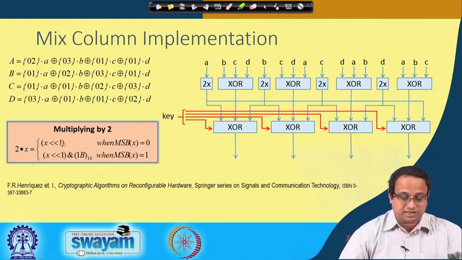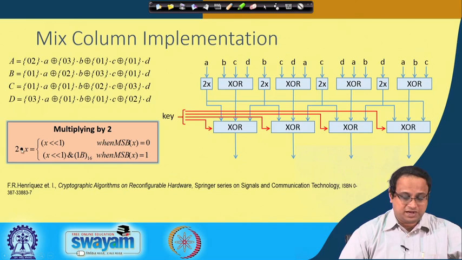But that is fine when the MSB is 0. When the MSB is 1, there is an overflow, and once there is an overflow, you need to do a modulo reduction with your irreducible polynomial, and that is denoted here by this step, where you are doing a modulo reduction with the irreducible polynomial for AES.